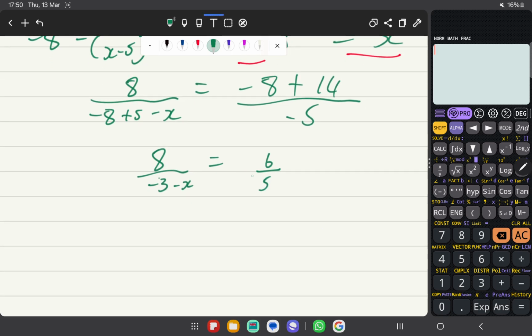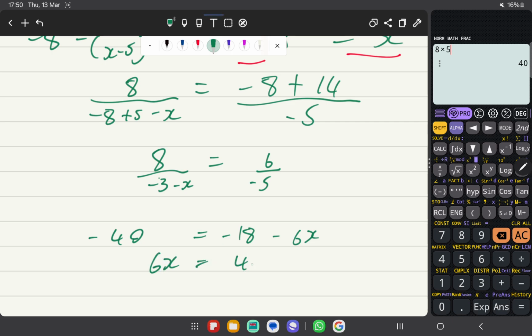So let me put this minus here. Then I cross multiply. I have 8 times 5, which is 40. So I have minus 40, which will be minus 18 minus 6x. I transpose the 6x, so I have positive 6x.